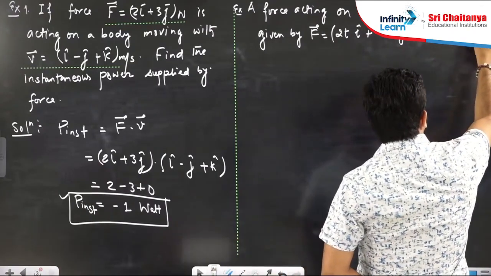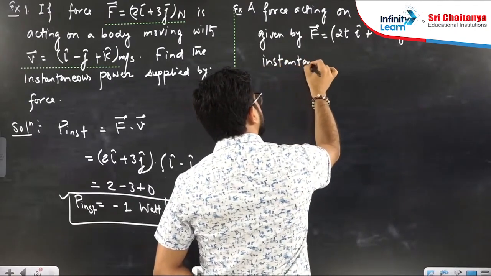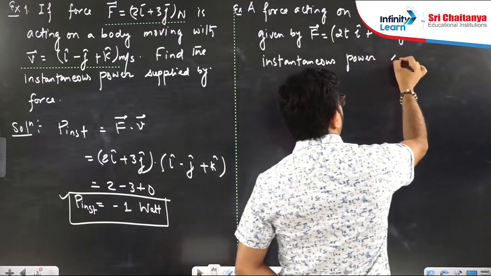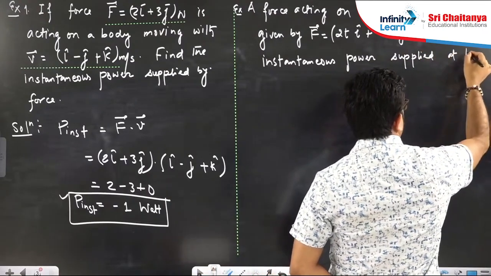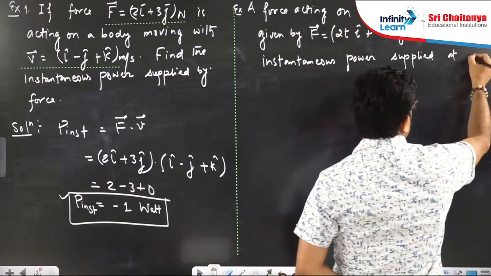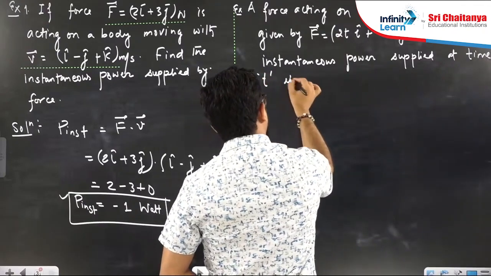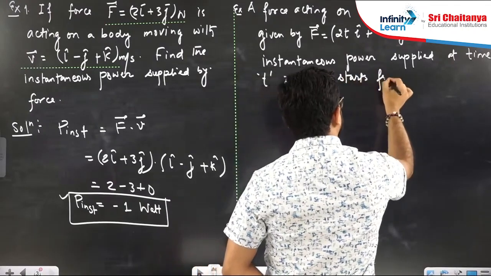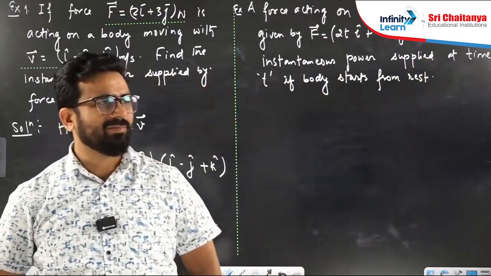Find the instantaneous power supplied at time t if the body starts from rest. This is a very basic question. Again, this is a P by Q question, you will understand.